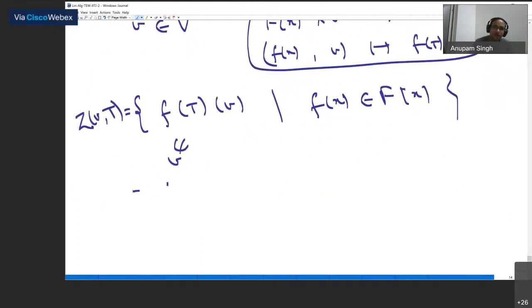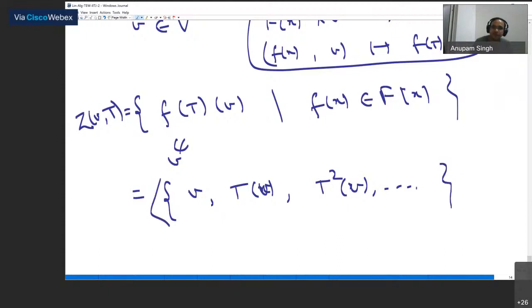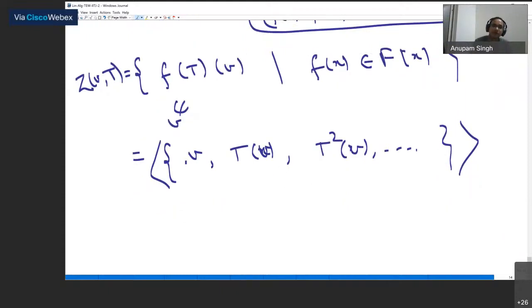You can also see that this set can be thought of as spanned by v, Tv, T squared v, and so on. If I take all these powers, I can think of the subspace spanned by them. But we know that there cannot be infinitely many such independent things because our vector space is finite dimensional. This is after all a subset of V, and if I want to write a basis for this subspace, it has to be finite.